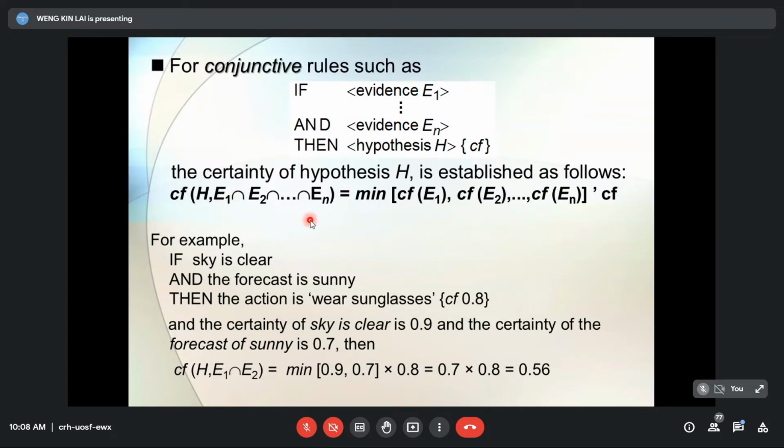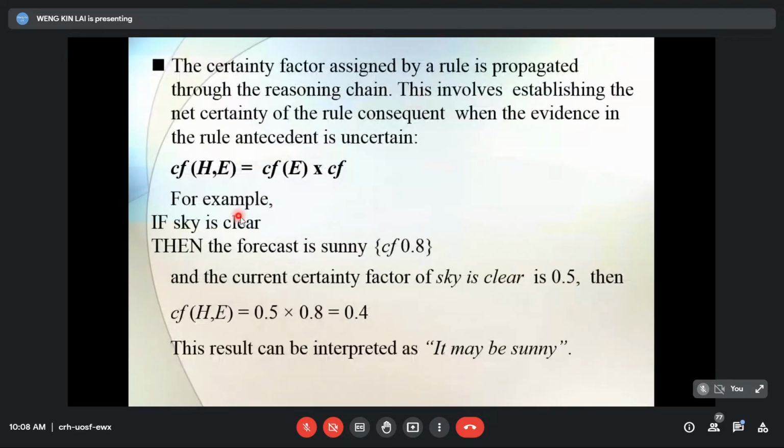Now, how do you calculate that? You take the minimum. I think we have not covered this in the previous lecture, so this is something new. If you have this conjunctive rule with many evidences, it's an AND function, so you take the minimum certainty factor among them. Imagine there are many evidences, E1 to En.